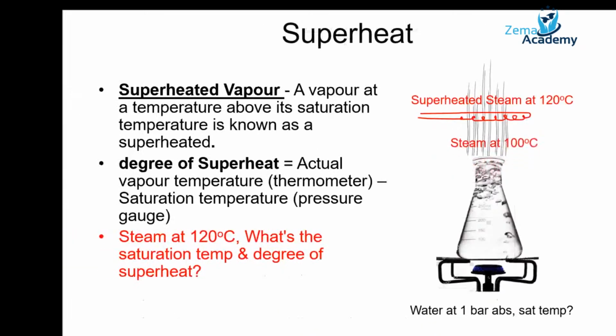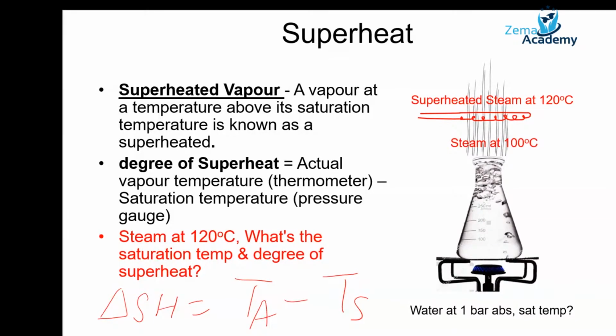Other terms that we will come across is superheated vapor. Superheated vapor refers to a temperature above the saturation temperature. And we can calculate our degree of superheat: degree of superheat is equal to actual temperature minus Tsat. One example that I just gave you here is water boiling.